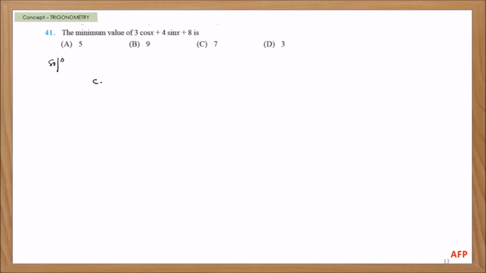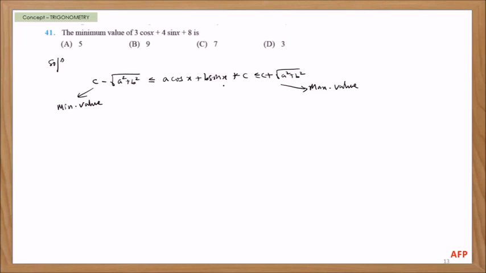Next, a very simple and simplified answer we are having. c minus square root of a square plus b square is less than or equal to a cos x plus b sin x plus c, which is less than or equal to c plus square root of a square plus b square. Here it is called the maximum value of this function, and here the minimum value of the given function.